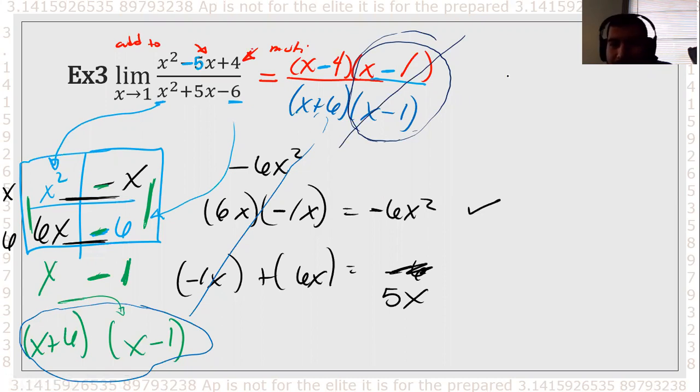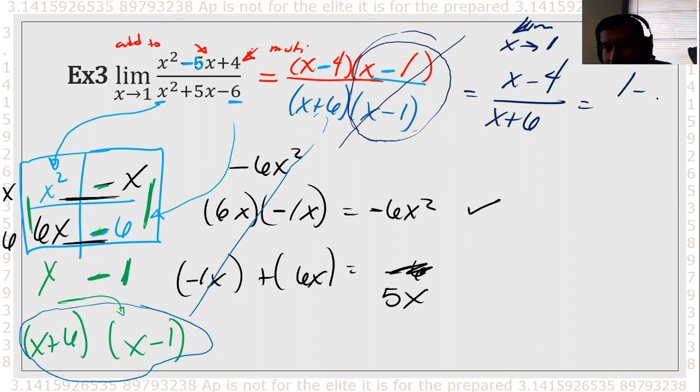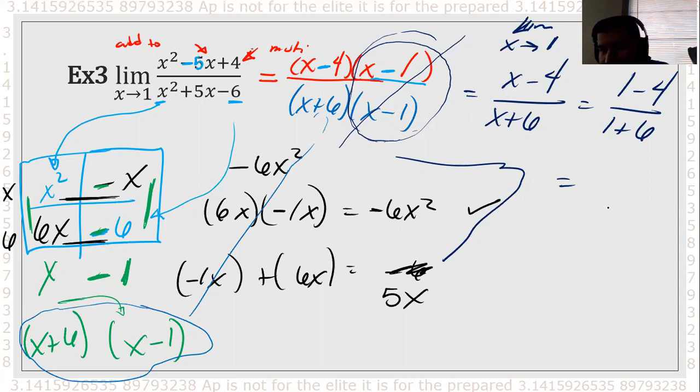I'm left with x minus 4 divided by x plus 6 as the limit as x approaches 1. So it's going to be 1 minus 4 and 1 plus 6. That is equal to 1 minus 4, that's a -3. And 1 plus 6 gives me a 7. That is my limit.